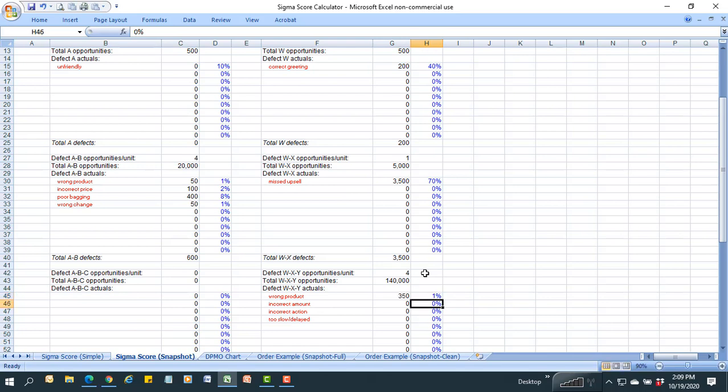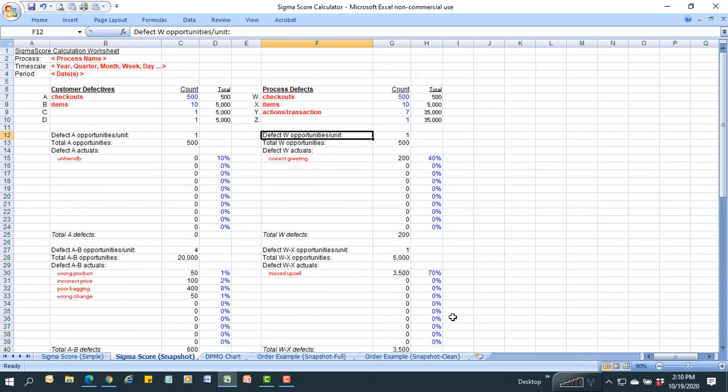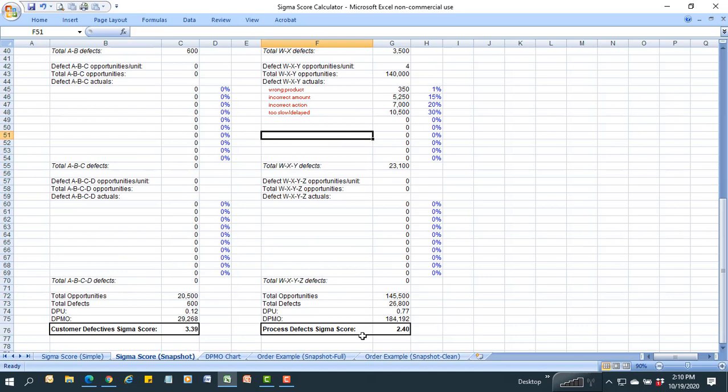An incorrect amount actually happens 15% of the time. An incorrect action might happen 20% of the time, and the process takes longer than expected 30% of the time. So we're very error prone in our processes. Hopefully we have forgiving customers on the other side who don't consider that a defective. So having filled in that model, I can see that the internal process sigma score would fall to a 2.4.